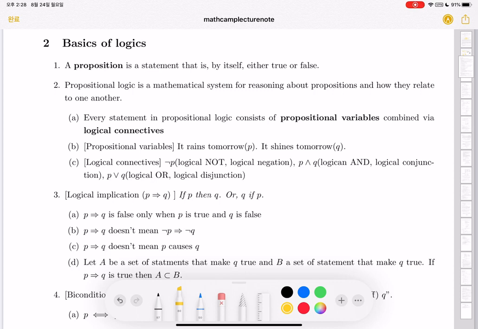And mathematics is not just solving some equations. It's basically more about the logics, and you have to be very familiar with mathematical logics.